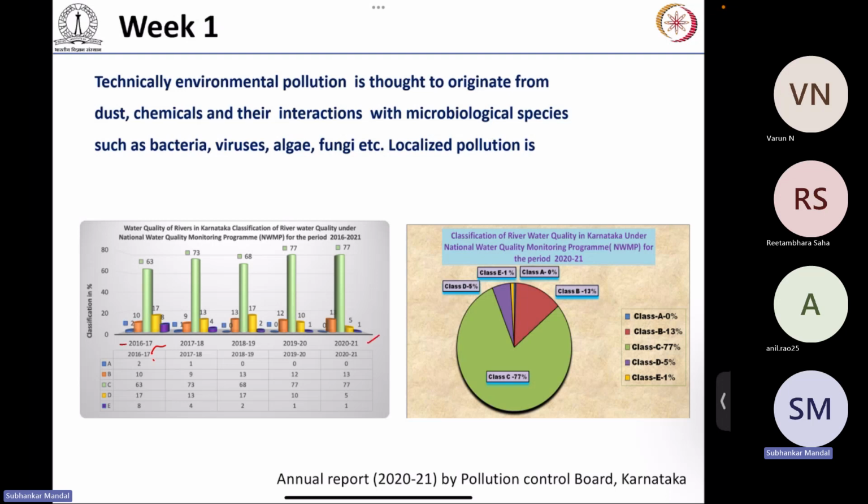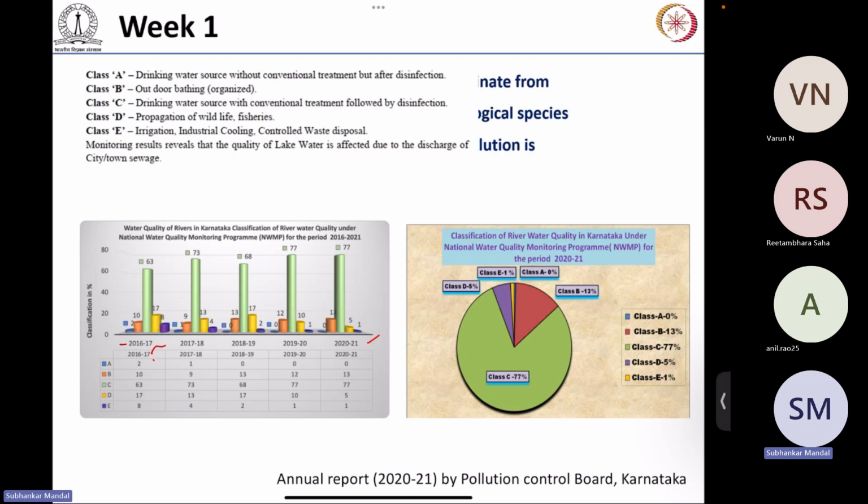Here the blue one represents different specializations or classifications of the pollutant: A, B, C, D, E. A is drinking water source without conventional treatment but after disinfection, because there might be some bacteria in the river water, so we need to disinfect that water.